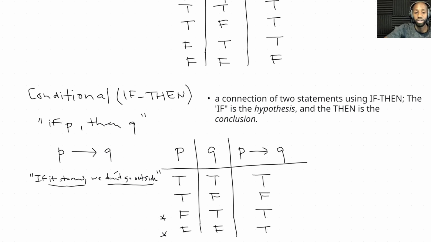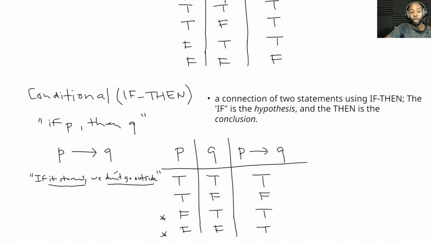Now, what if this is false? What if it does not storm? Does that mean that we don't go outside? Well, it could mean that, but it could not mean that. So in each case of this being false, if it doesn't storm, we could go outside, we could not go outside. So in each of those cases, that could be a true statement.